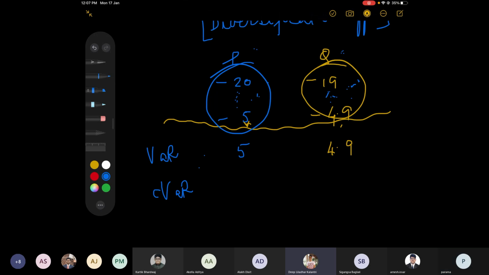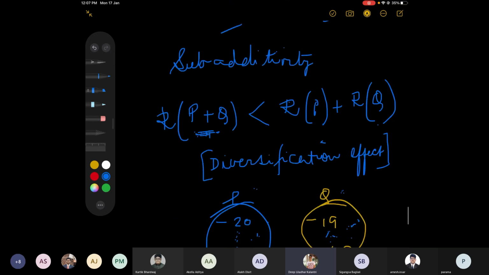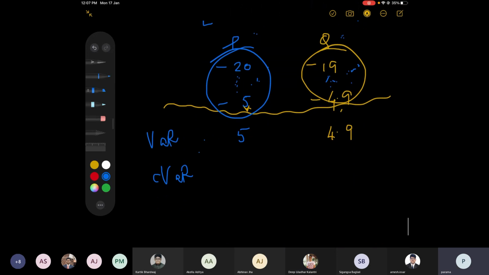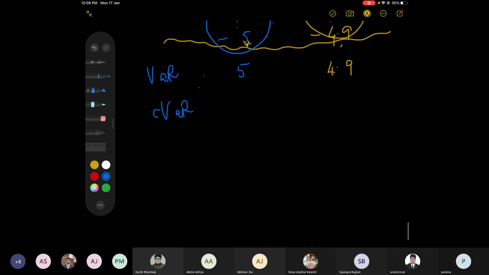Ma'am, I had a doubt: in translational invariance, how does cash reduce the risk? Is that what I'm trying to understand? Yes. Think about it again. Suppose you have a portfolio where you have invested 100 rupees entirely in P, and P can have a loss of minus 20. So you have made a loss of minus 20 completely. But suppose you have added some cash to it.